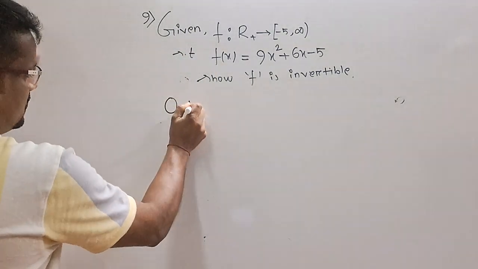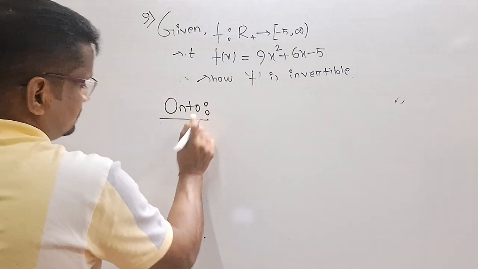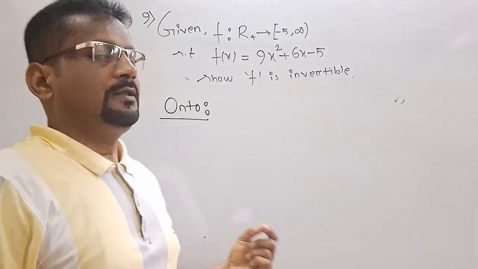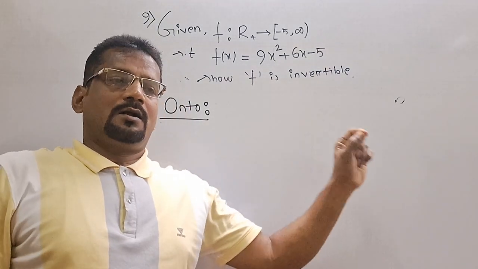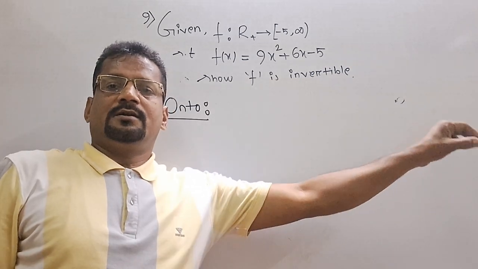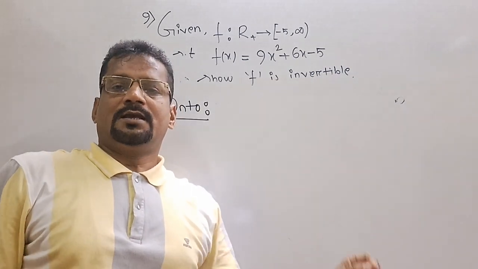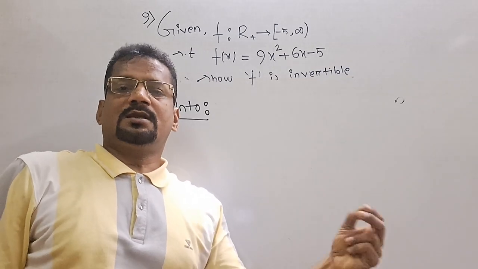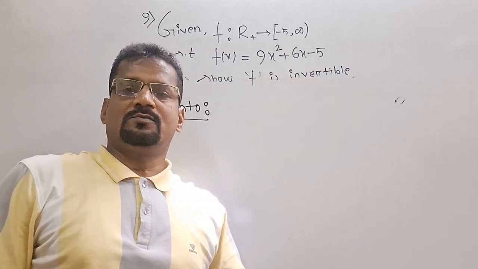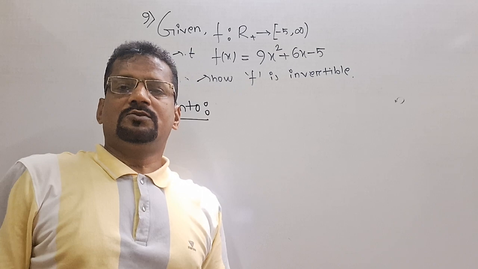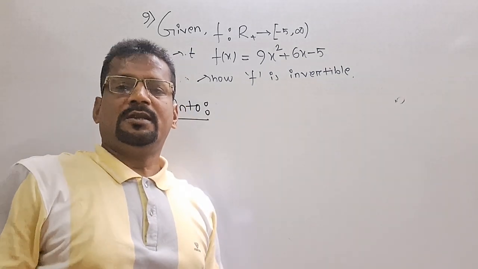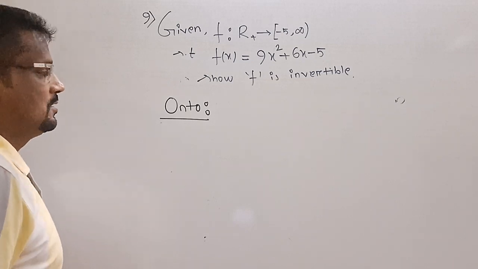Whenever we have to show a function is onto, in that case what to do? Consider any element in the codomain. Say any element y belongs to codomain, and for some x, suppose f(x) equals y. Then try to show that x belongs to the domain of the function. Then it becomes onto.